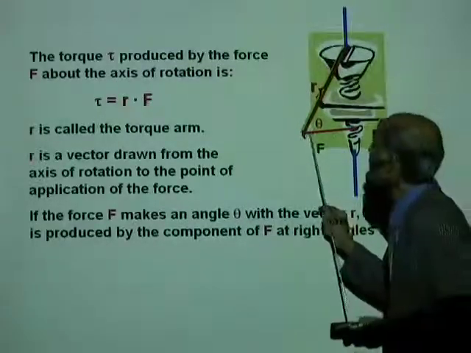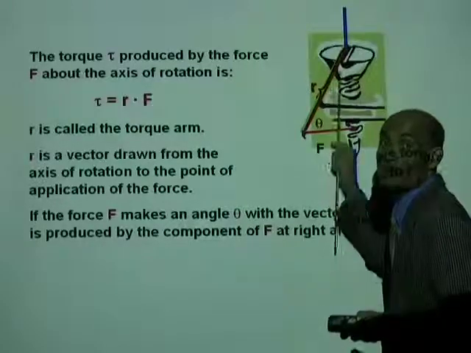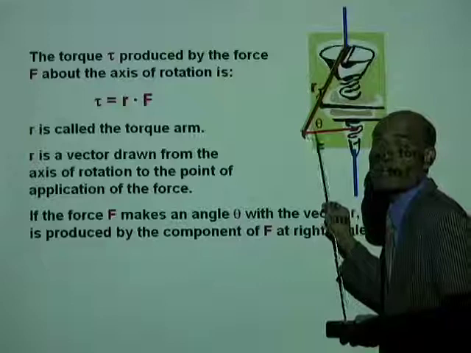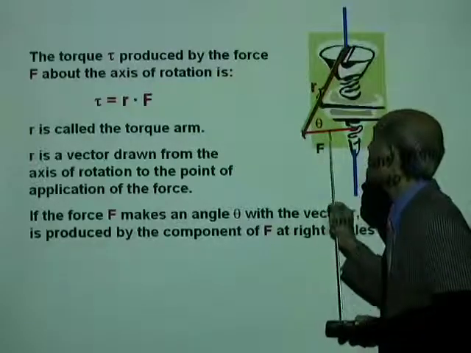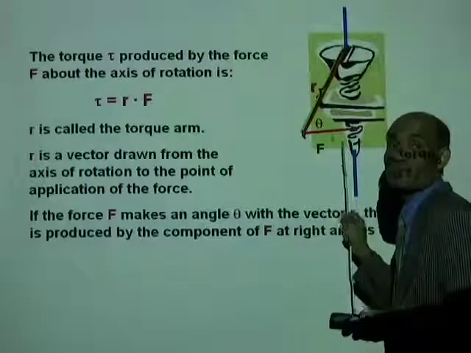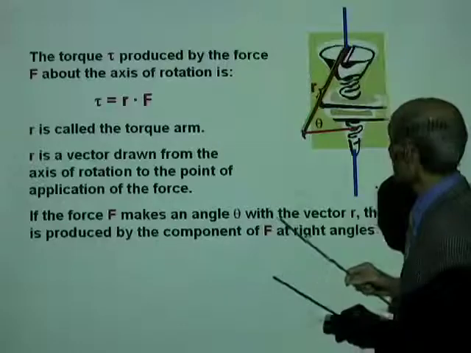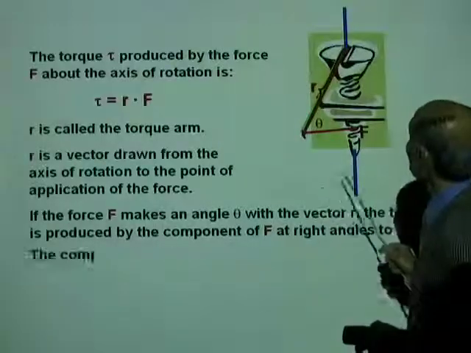Tell me, if the force vector makes an angle theta with the torque arm vector, what is the component of this F at right angles to that torque arm? It will be F sine theta. I hope you understand that. Yes.